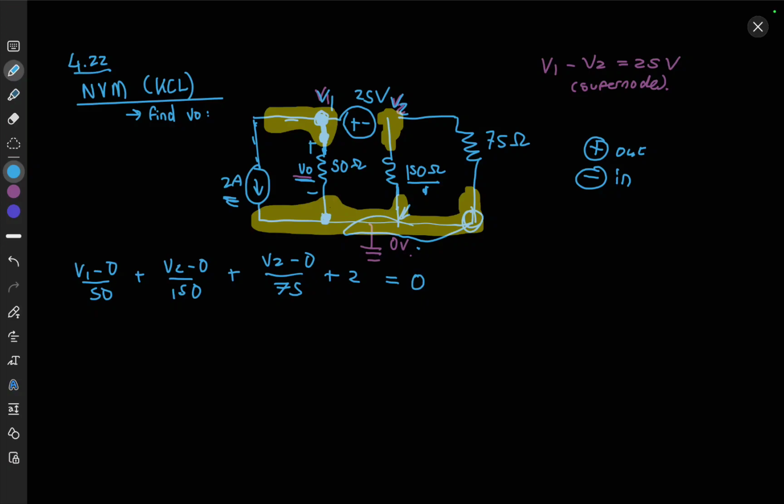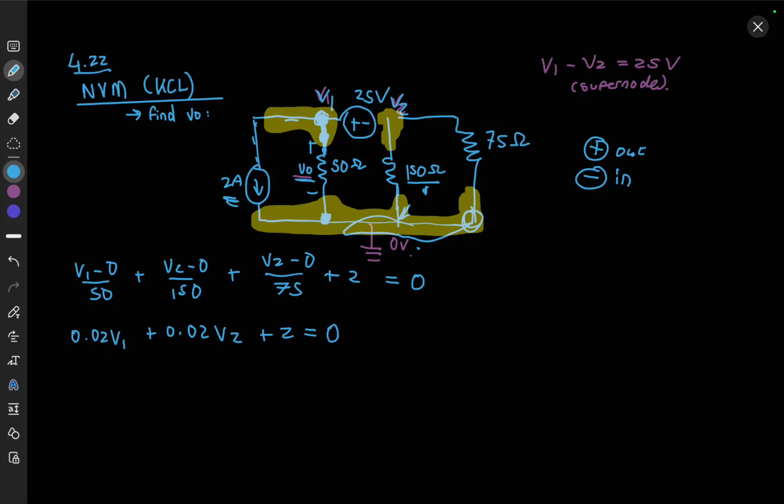It's going to be 0.02 V1. So that's convenient, plus 0.02 V2 plus 2 is equal to 0.